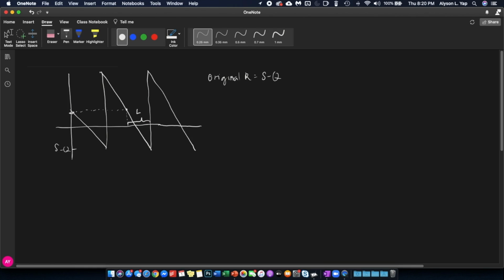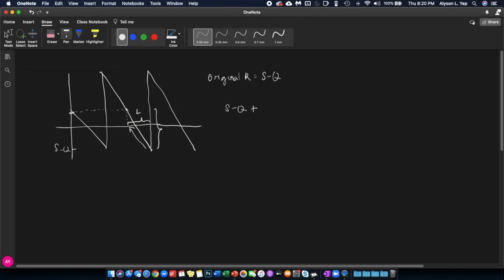So how do you get this? The idea is your original reorder point, which is S minus Q. Okay, so from here, what happened? There is a movement up. So what happens is you will be adding some units to S minus Q because there is a movement up. And how much inventory are you moving up along this line? So how high is this?